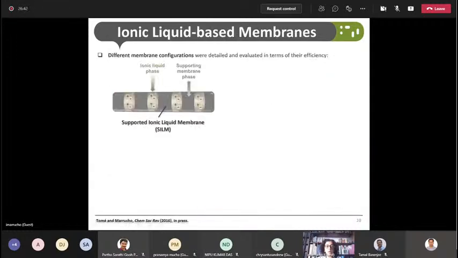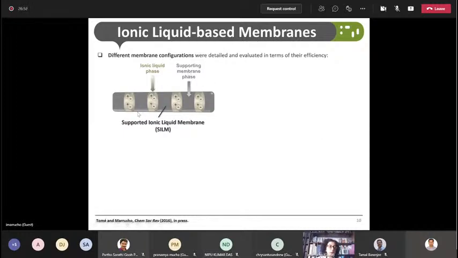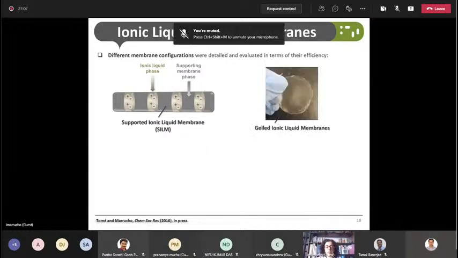When we use ionic liquid-based membranes, we can have 4 different configurations. We can have supported ionic liquid membranes, where I get a porous inert support, and I support the ionic liquids inside of the pores of the membranes. This is very easy to do, but it has some problems, as we'll see.